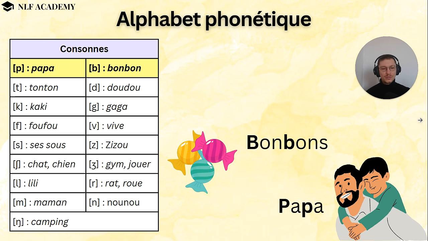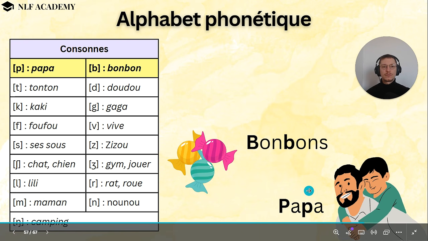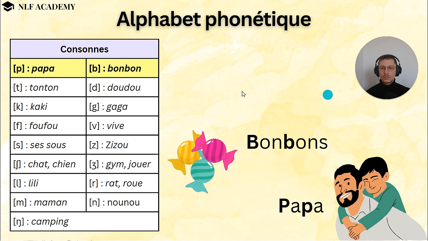Les consonnes maintenant, the consonants. B comme bonbon, P comme papa. Okay? By the way, there's a logic here why the consonants are by 2. It's because P and B, for example, are basically the same sound, but usually one of them is very tense and one of them is very relaxed. For example, P is very tense.